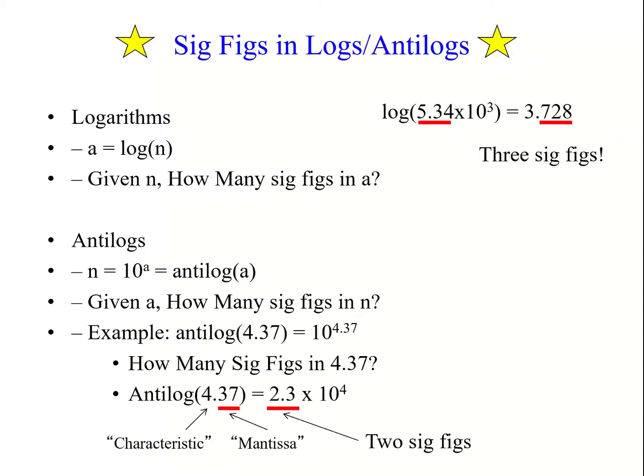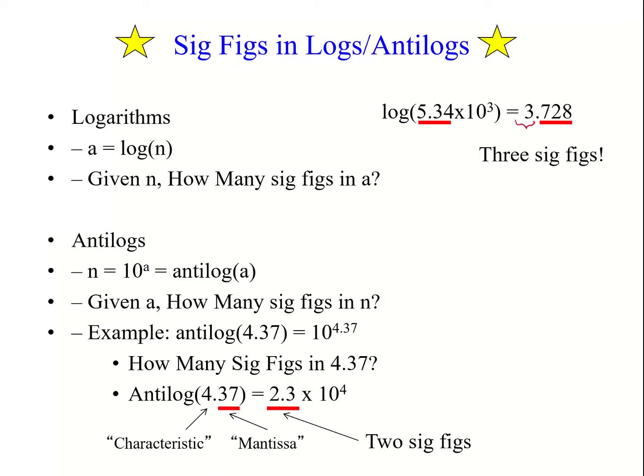Now let's take a look at the functions, logarithms and anti-logarithms. For logarithms, let's consider the formula a is equal to the logarithm of n. Given n, how many sig figs should we report for a? A logarithm is composed of a characteristic and a mantissa. The characteristic is the integer part.